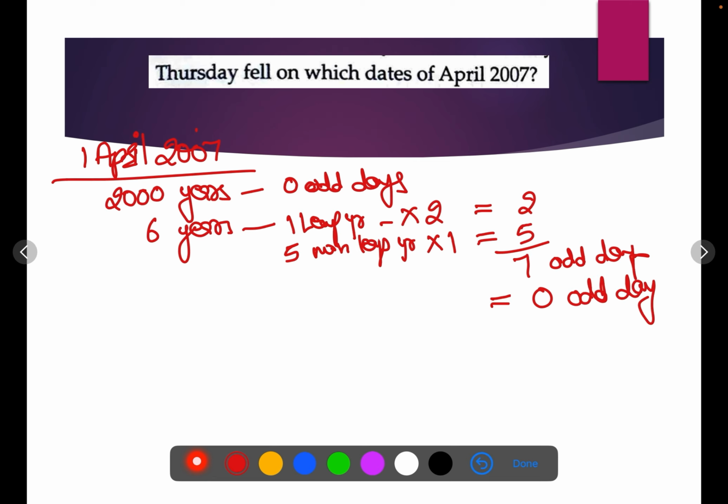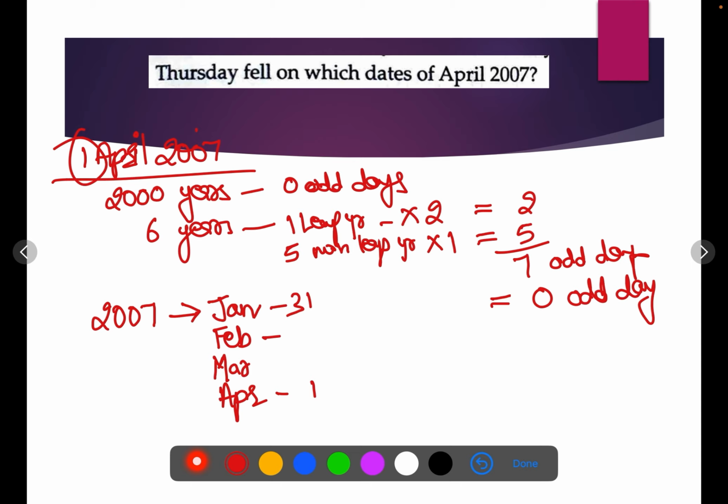Right? Now what is left? I am left with the year 2007. So 2007 we have to calculate month wise: January, February, March, April. April has 1 day, since I have to find 1st April. January has 31.